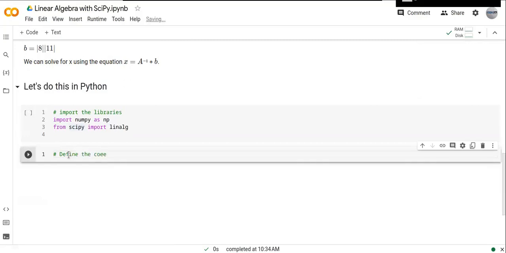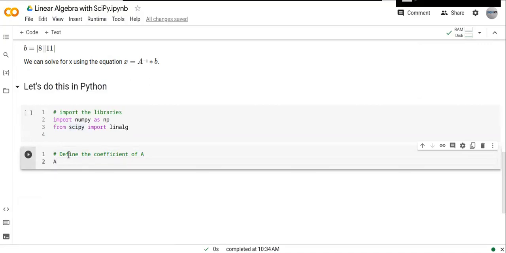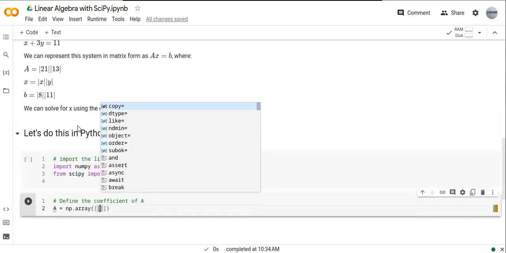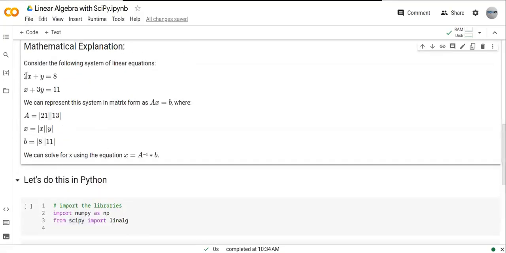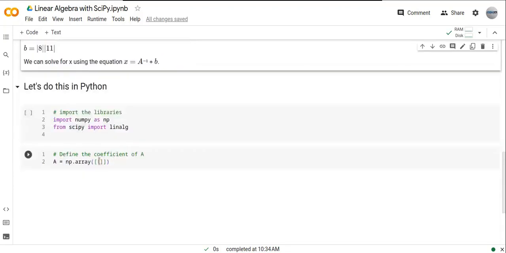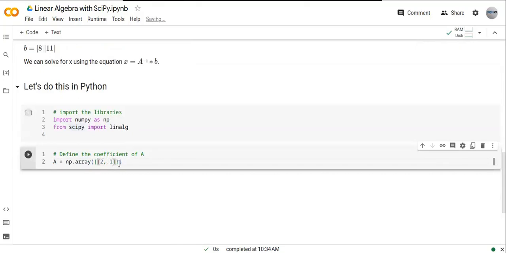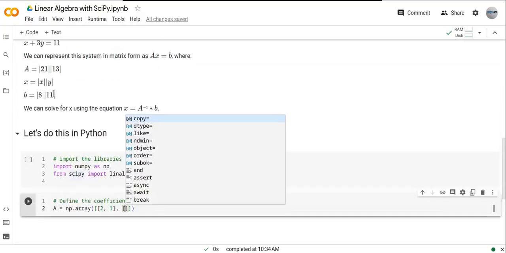And let's define the coefficient matrix A. So the coefficients of the linear equations in this matrix are, as you can see in the equation, 2 and 1 in the first row, and in the second row of the second equation the coefficients are 1 and 3.